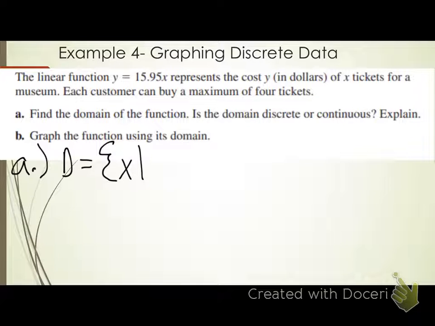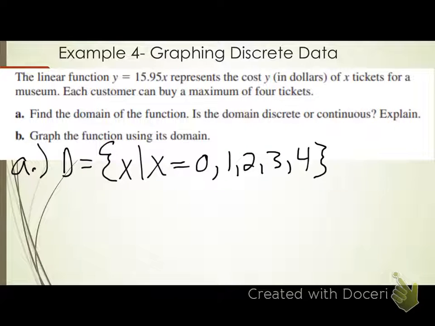Nope. Can I buy a negative number of tickets? Nope. Can I buy 0 tickets? Yeah, I don't have to buy any tickets, do I? So what numbers are included in my domain?